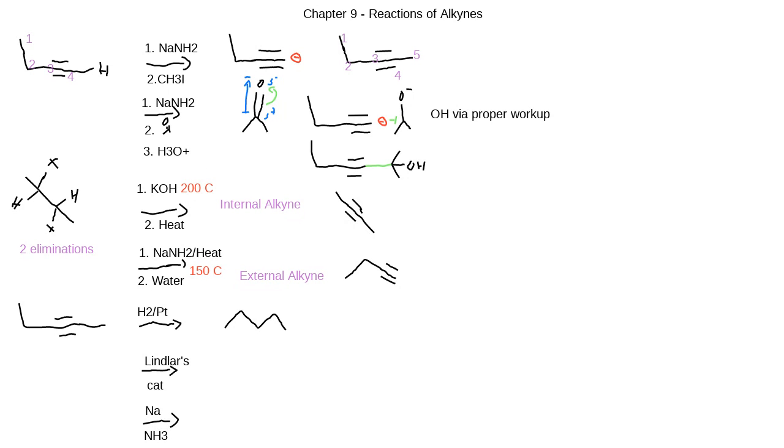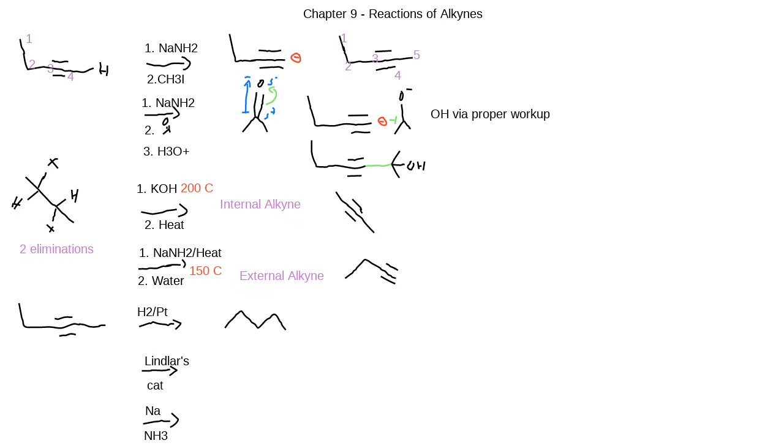All right, so the difference is that one creates a trans double bond, a trans alkene, and another creates a cis alkene. Okay, anyone know which one's which? Okay, someone said Na is trans.